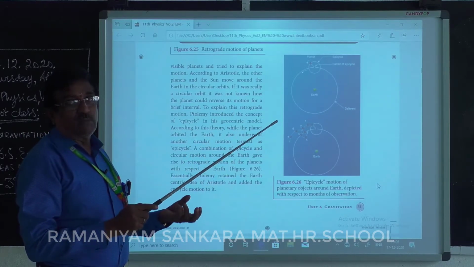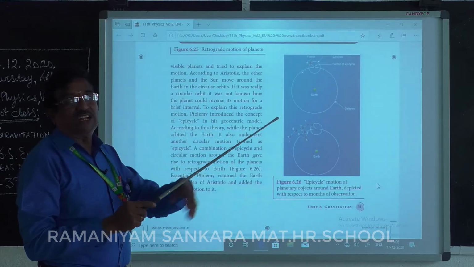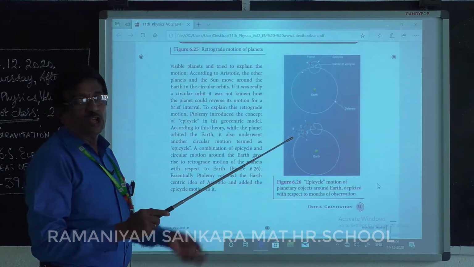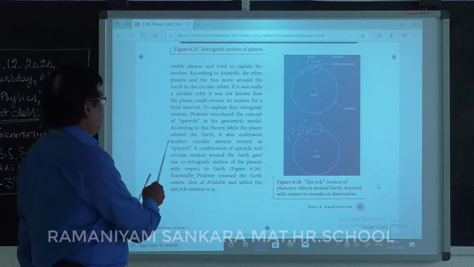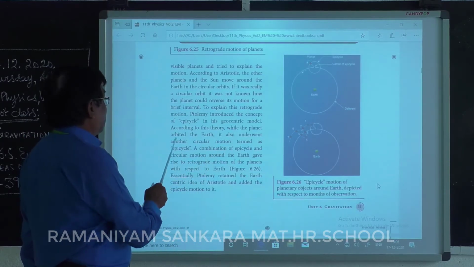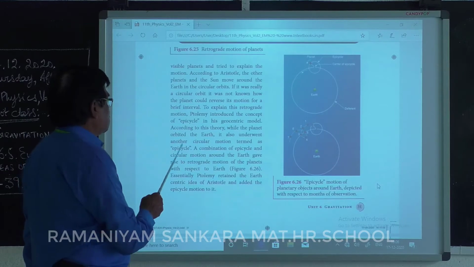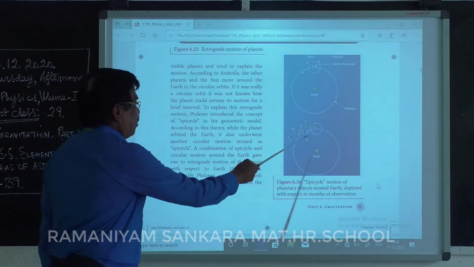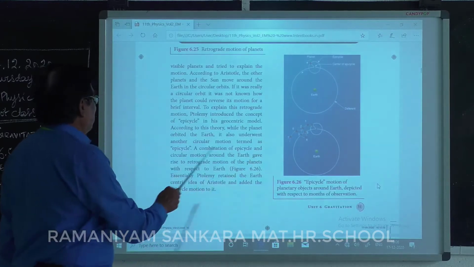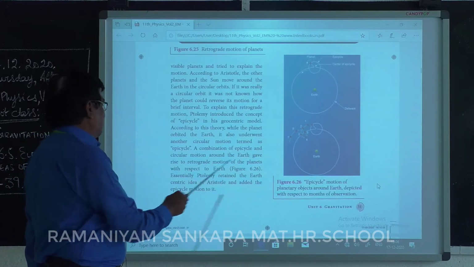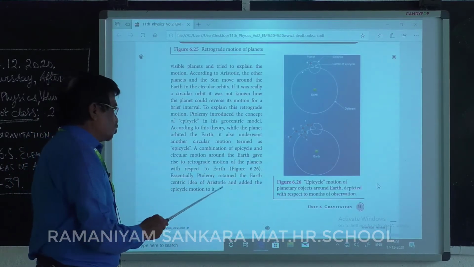Ptolemy's geocentric model: Earth is at the center, and all other planets revolve in circular orbits. So he introduced the epicycle. According to this theory, while the planet orbits the earth, it also undergoes another circular motion termed the epicycle. See the diagram, it is like this. A combination of epicycle and circular motion around the earth gave rise to retrograde motion.